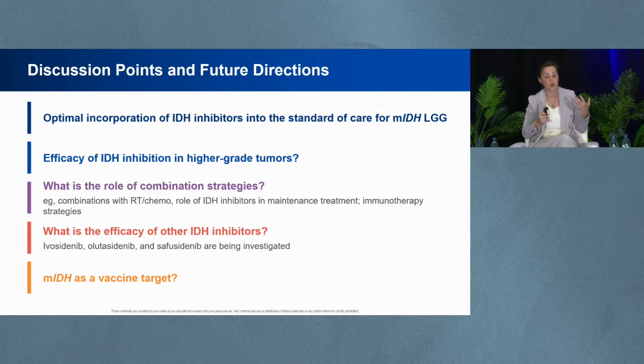What is the efficacy of other IDH inhibitors, such as ivosidenib, olutasidenib, and safusidenib? And also, because of the discussion we already have and the association of the IDH mutations with immunosuppression, what would be the role of these inhibitors in immunotherapy strategies? And furthermore, can we target the IDH-mutant protein in vaccine development?